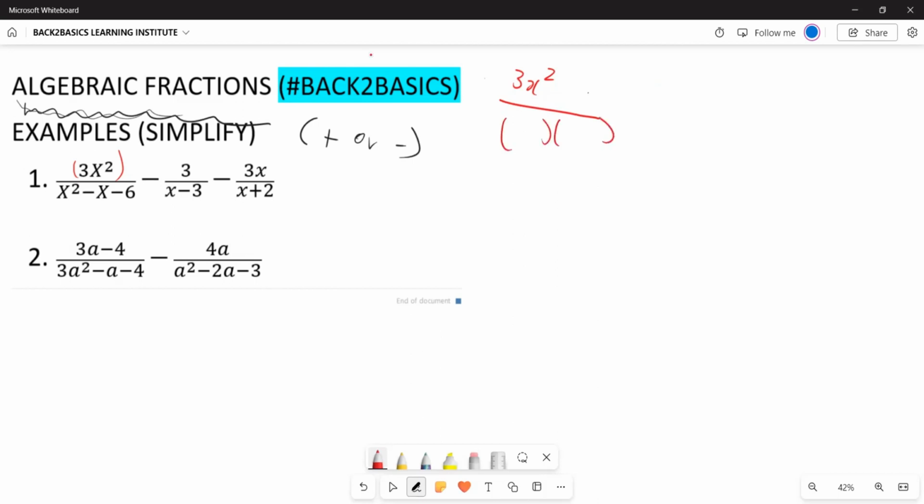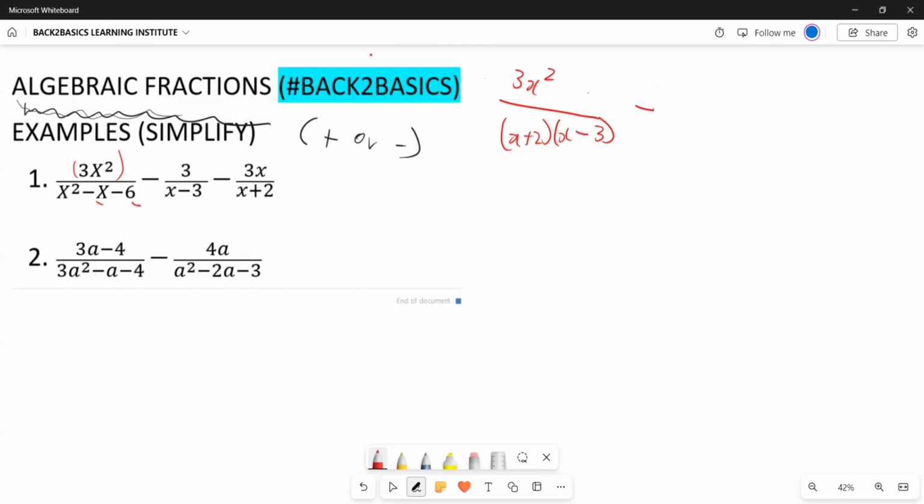When you factorize, this is going to be your x and this is going to be your x. Any product of 6 that can give us negative x here is going to be 2 and 3. Since you are required to have negative, this is going to be negative and this is going to be positive.